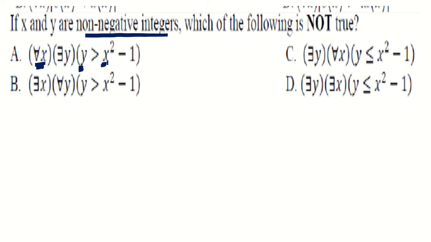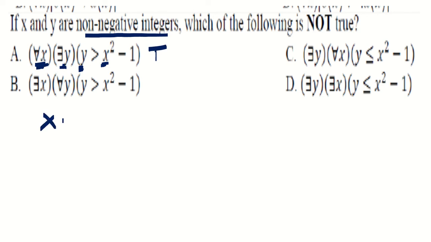Yes, take any number x, square it and subtract 1. Can you find another positive integer greater than that? There exists y, means can we find one y which is greater than that? Yes, that is true, because it says for all x there exists y.